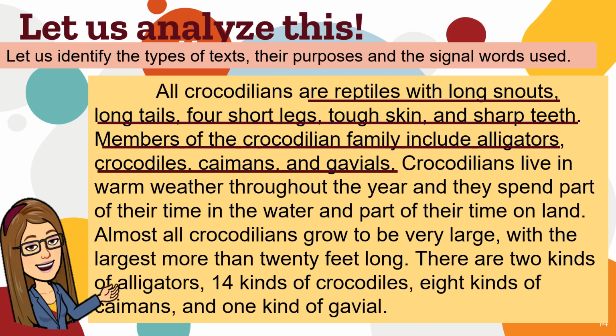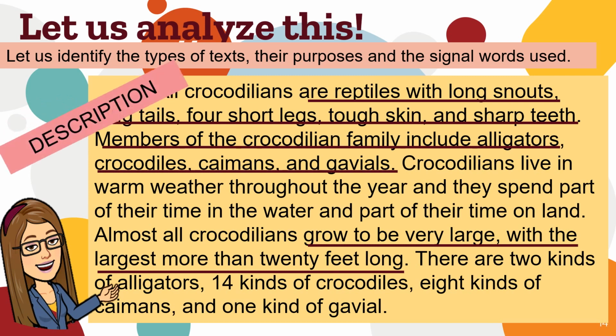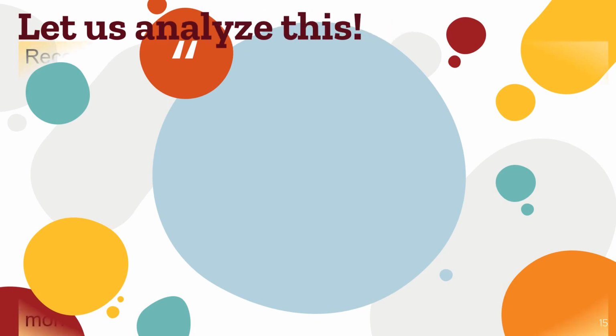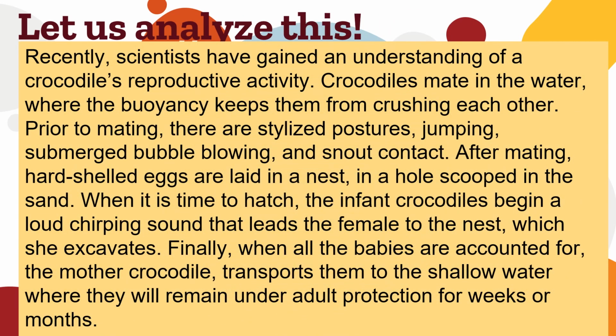And it also describes that crocodilians grow very large, with the largest more than 20 feet long. So therefore, this type of text is description.